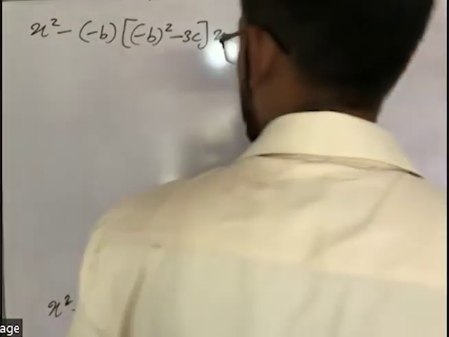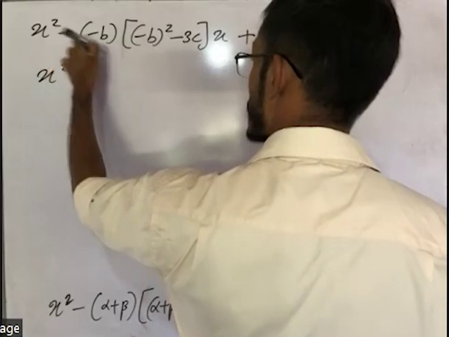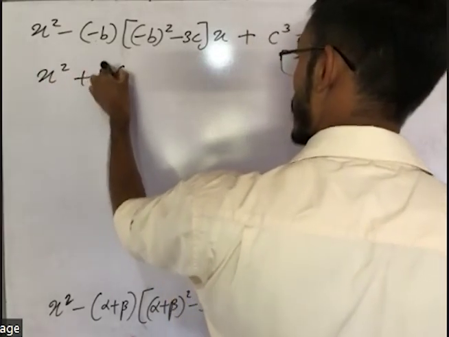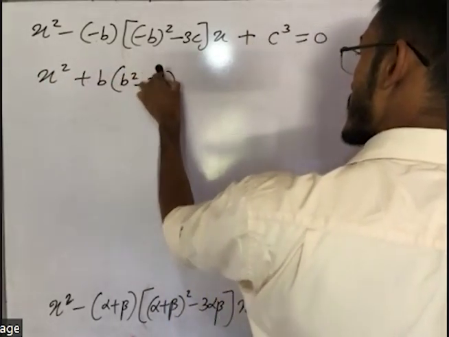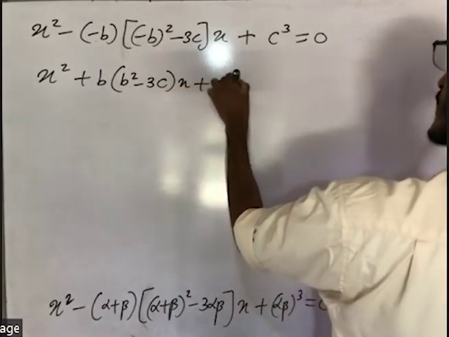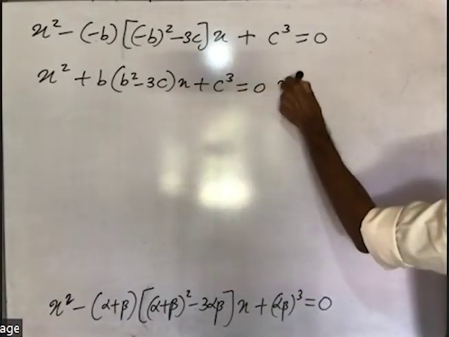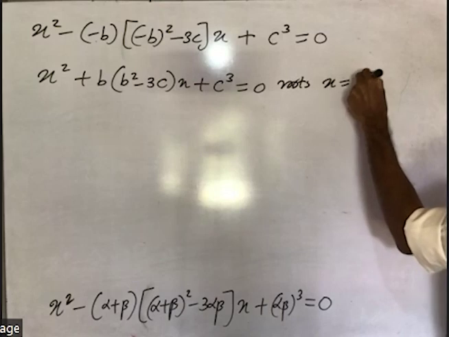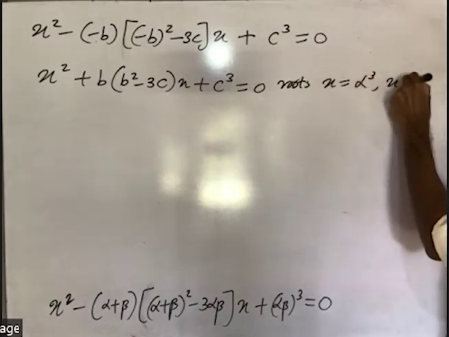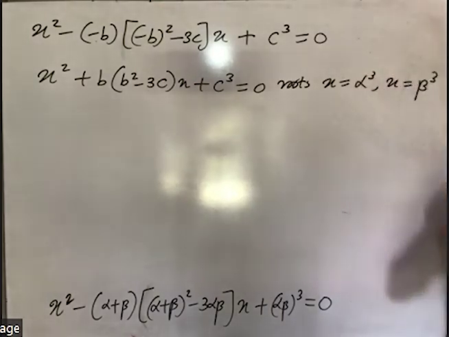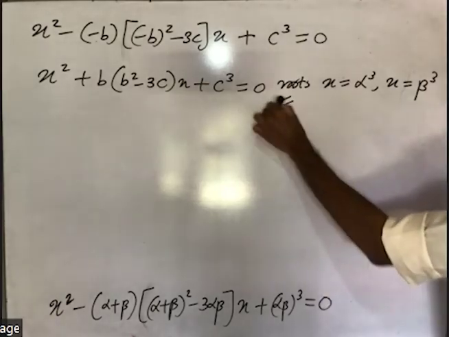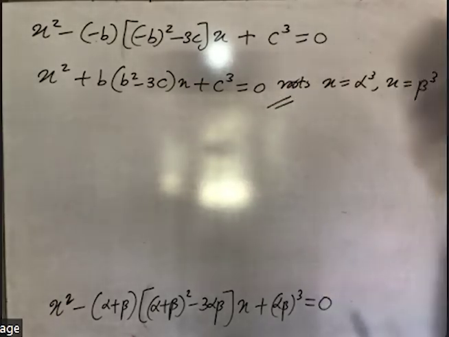So if you simplify this, you will get x square minus c minus plus b square minus 3c x plus c to the power 3 equal to 0. Here roots are x equal to alpha to the power 3, comma, x equal to beta to the power 3. Right, so this is the final answer. That is the final answer.